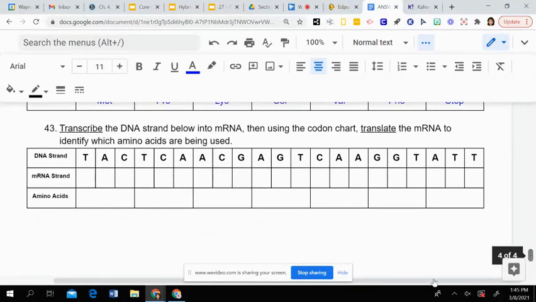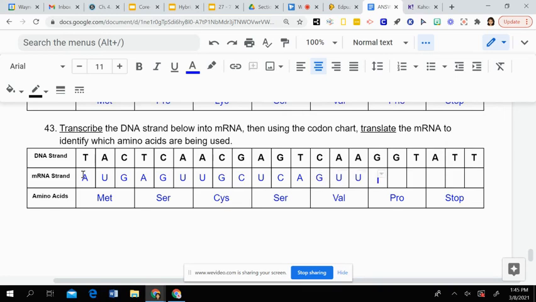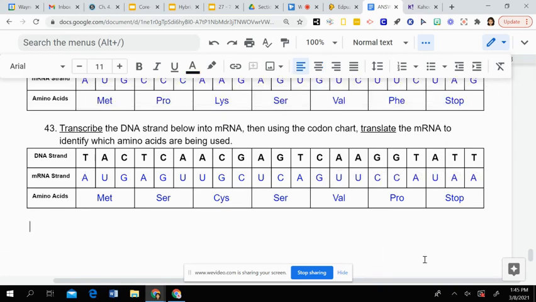Then the third one, your last amino acids, MET, SER, LYS, SER, VAL, PRO, and then your stop codon and your letters. All right.